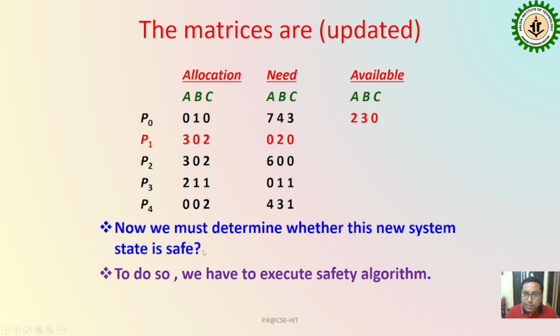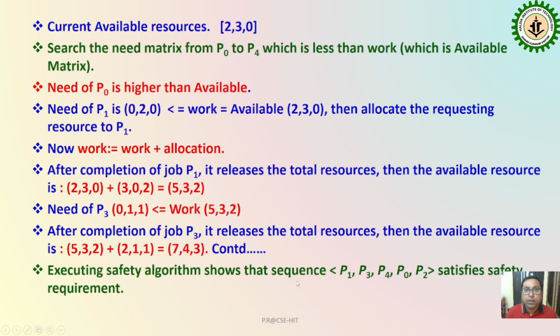To do this, again we have to run the safety algorithm. Like the previous one, we are executing this safety algorithm with the current available resource 230. We are searching the Need matrix from P0 to P4.